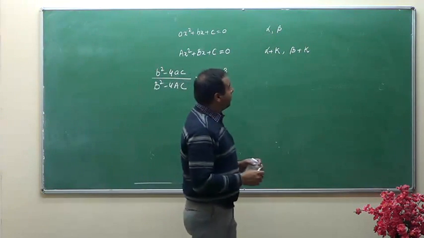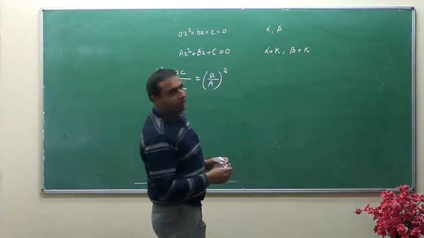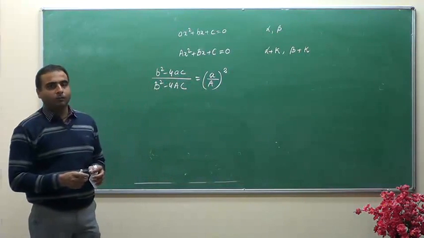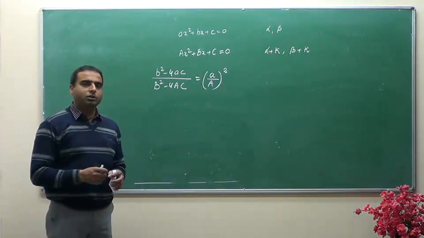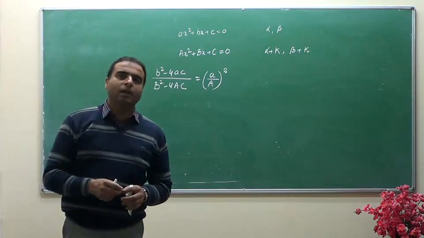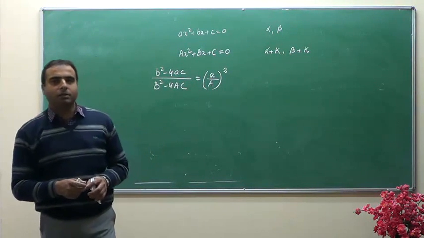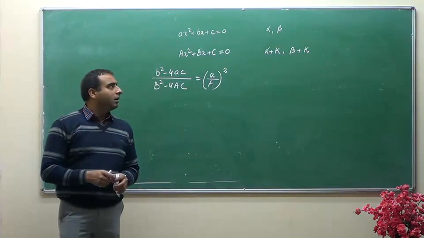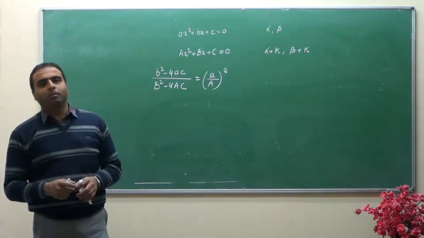Now, what is the common thing in these two equations? If we notice the roots, the first equation has roots alpha and beta, and the second equation has roots alpha plus k, comma, beta plus k.